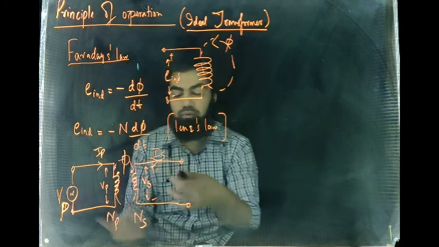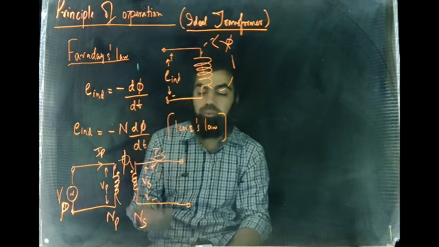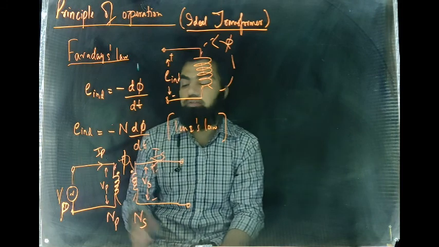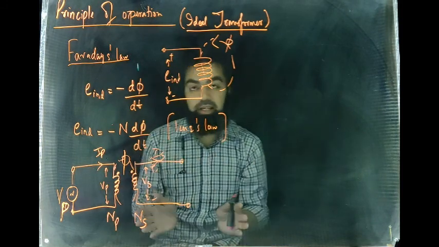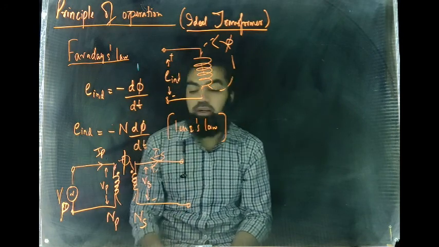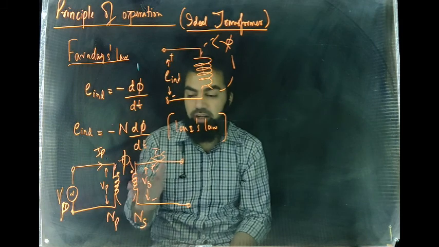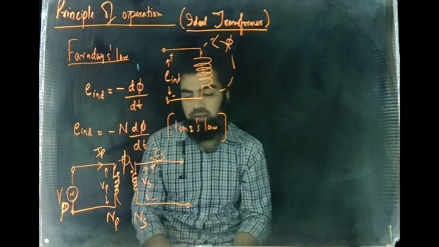This is a time varying voltage because it's AC in nature, so the flux that will be produced will also be AC in nature. If Vp is equal to Vm sin omega t, phi will also be equal to phi m sin omega t, ideally speaking, and that will cut the secondary windings, which will induce a voltage Vs in the secondary coil side.